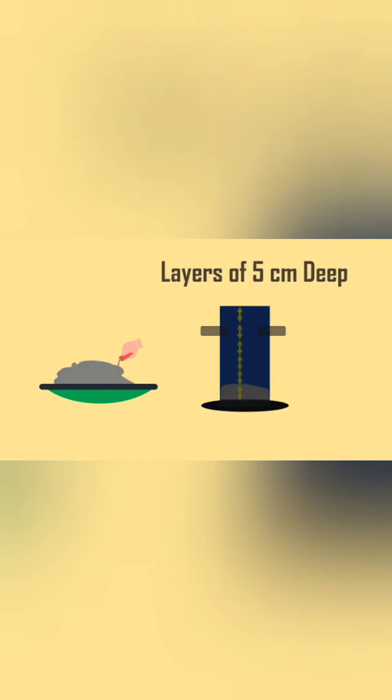Then, empty and clean the entire cylinder. Now, fill the cylinder with concrete in layers, each approximately 5 cm deep. Once fully filled, the top surface is leveled off.